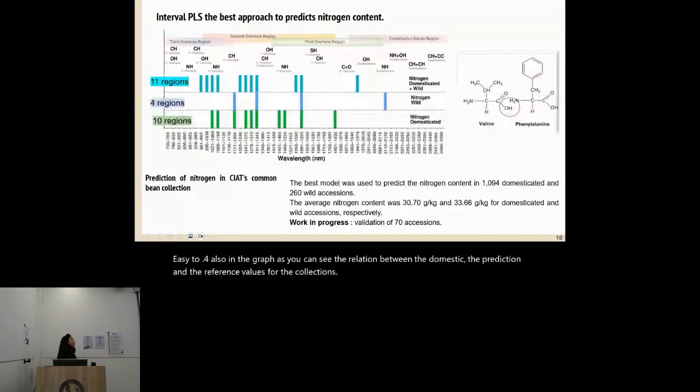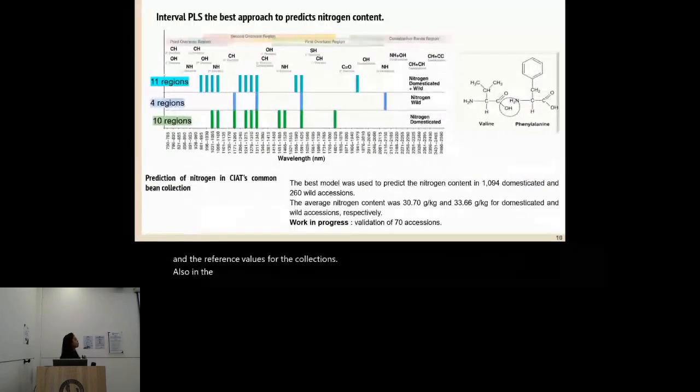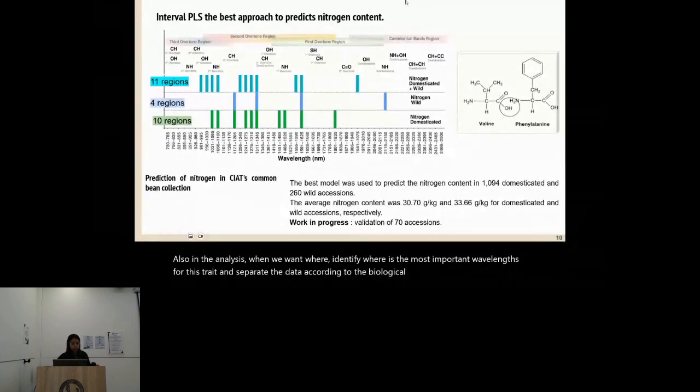Also, in the analysis, we want to identify the most important wavelengths for this trait, separating the data according to the biological status. For nitrogen, when using only domesticated accessions, you can see here 10 regions with an important contribution to the models. For the wild, only 4 regions are identified, and when using both data sets, the wild and the domesticated accessions, 11 regions were identified.